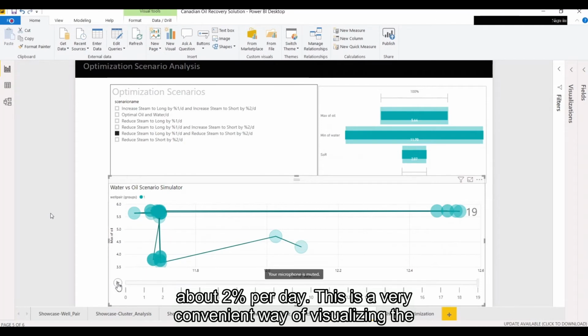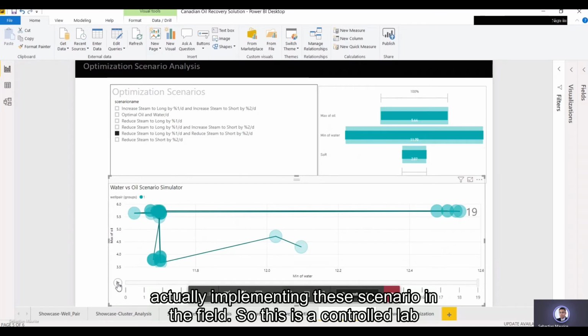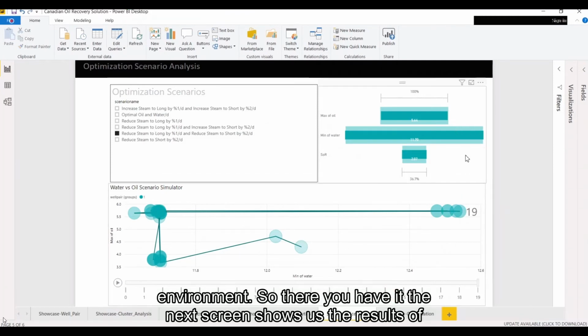This is a very convenient way of visualizing the changes in oil and water production based on the optimization scenarios, or actually implementing these scenarios in the field. So this is a controlled lab environment. So there you have it.